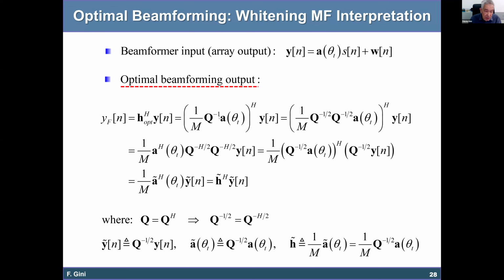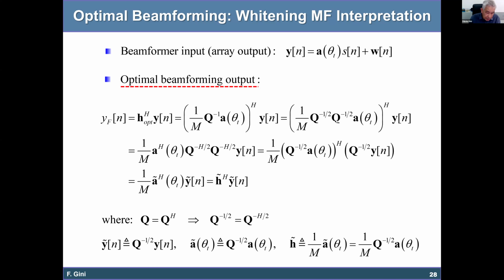Let's see why. We start from the definition of the output of the optimal beamformer, which is H optimal Hermitian Y. Then I write explicitly the structure of the optimal beamformer. Then I factorize the inverse of Q as the square root times the square root.